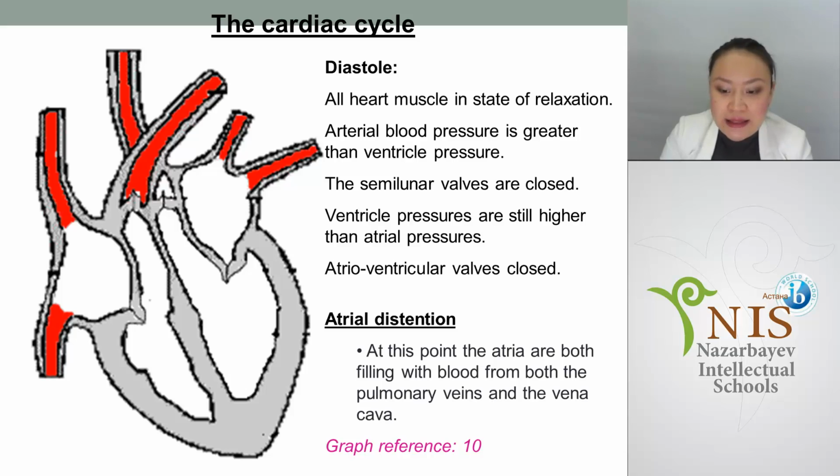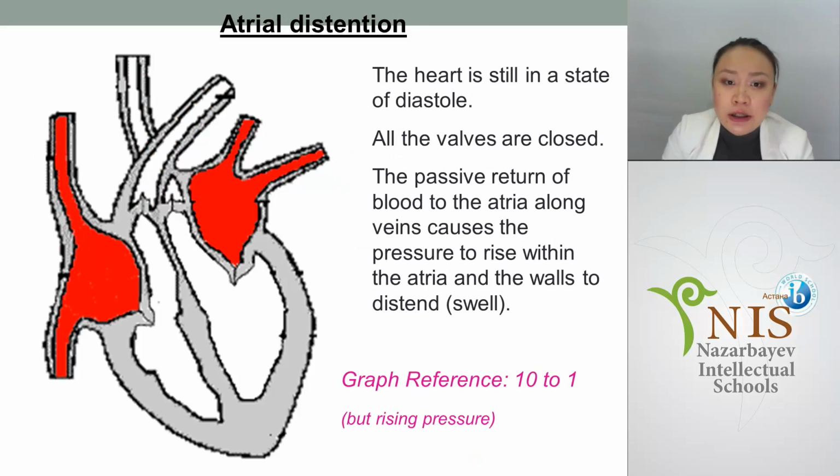Atrial distension. At this point, the atria are filling with blood from both the pulmonary veins and the vena cava. If you look at this picture now, the heart is still in a state of diastole. All the valves, semilunar and atrioventricular, are closed.